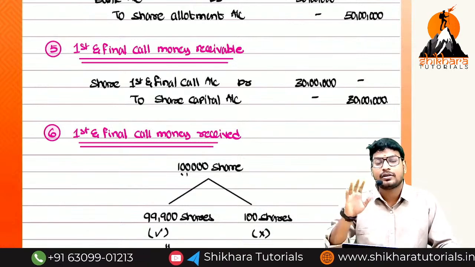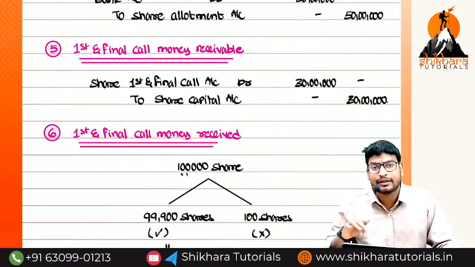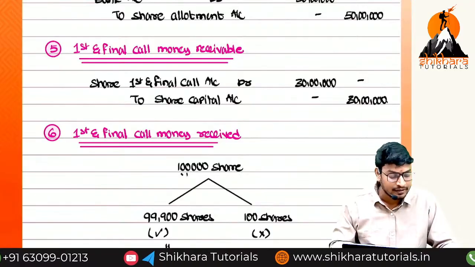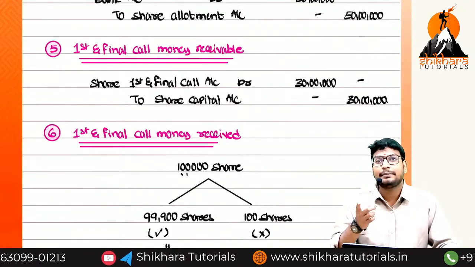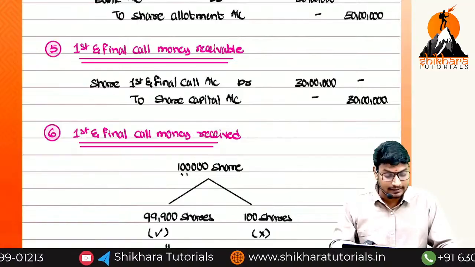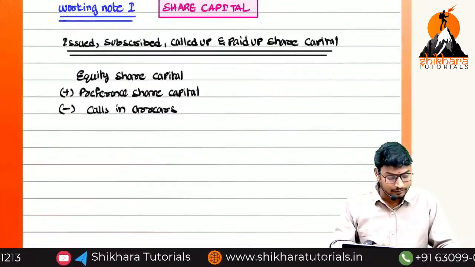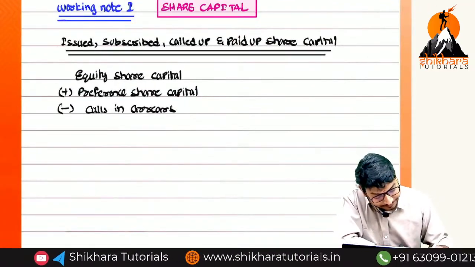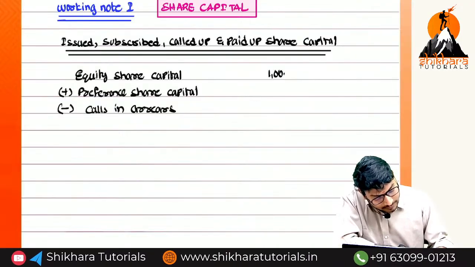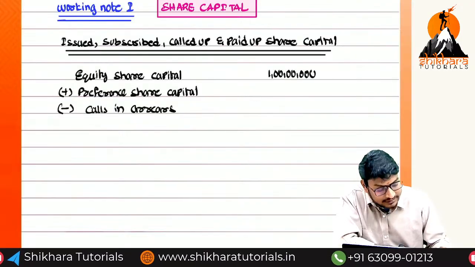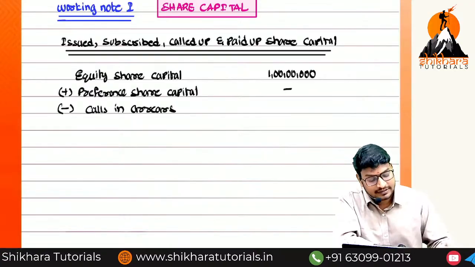In all the situations, is it credited or debited? Credited. That means all the things we have to add, nothing to reduce. What is the total amount? 20 plus 50 plus 30, 1 crore. So 1 crore rupees, how many zeros? 7 zeros. There is no preference share capital.